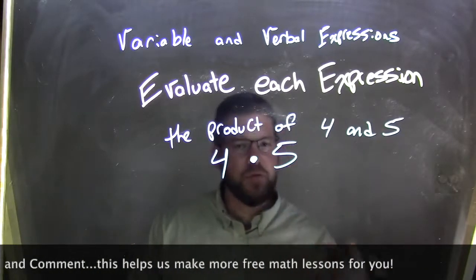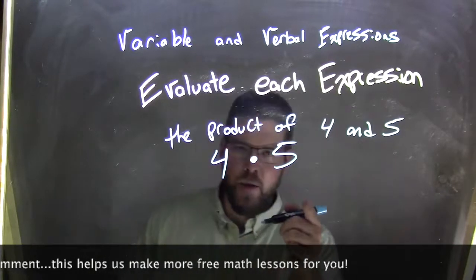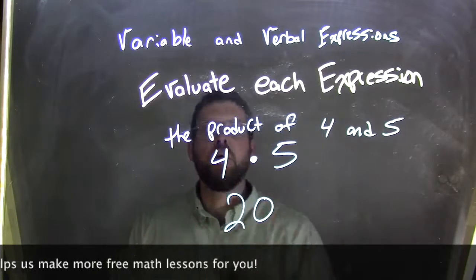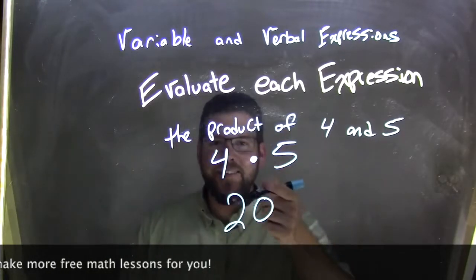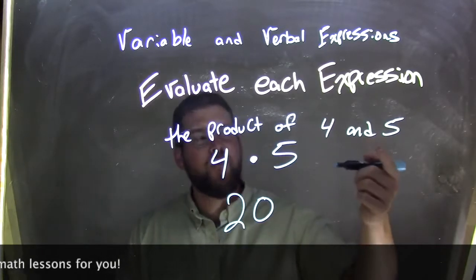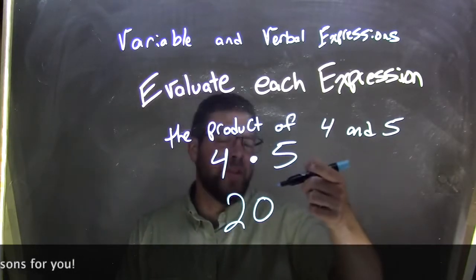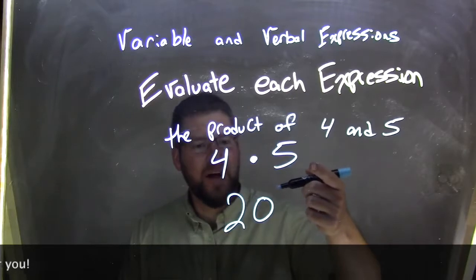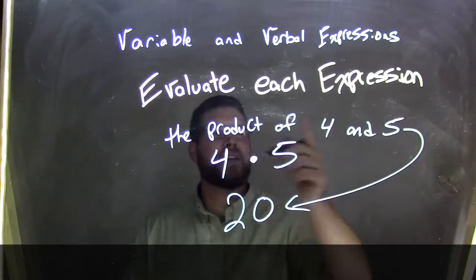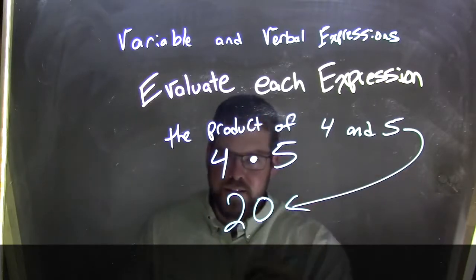So 4 times 5 is, think about it, 20. So the product of 4 and 5, 4 times 5 is 20. We have that verbal expression. We converted that to a variable expression, and we evaluated it to be 20. So the product of 4 and 5 is 20.